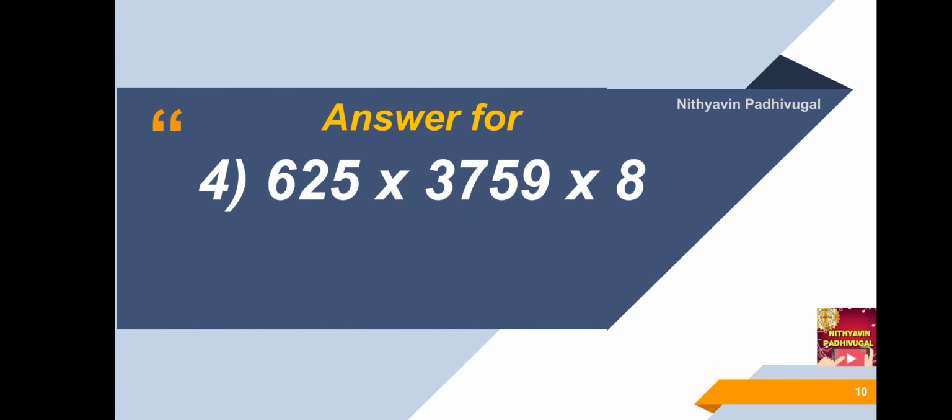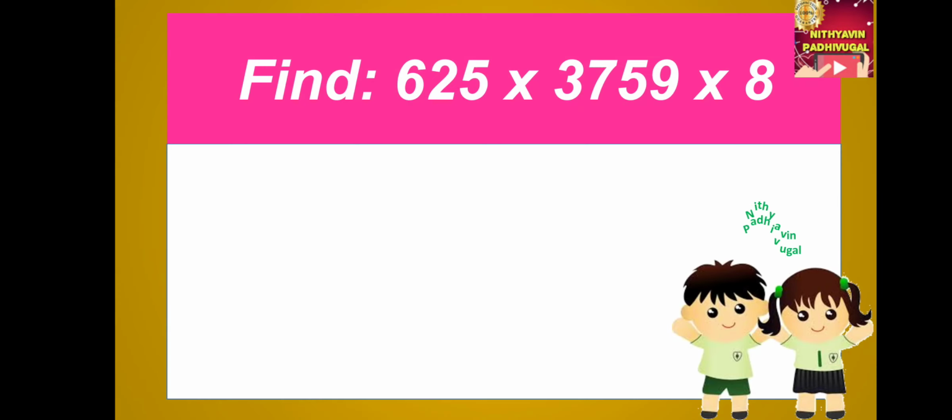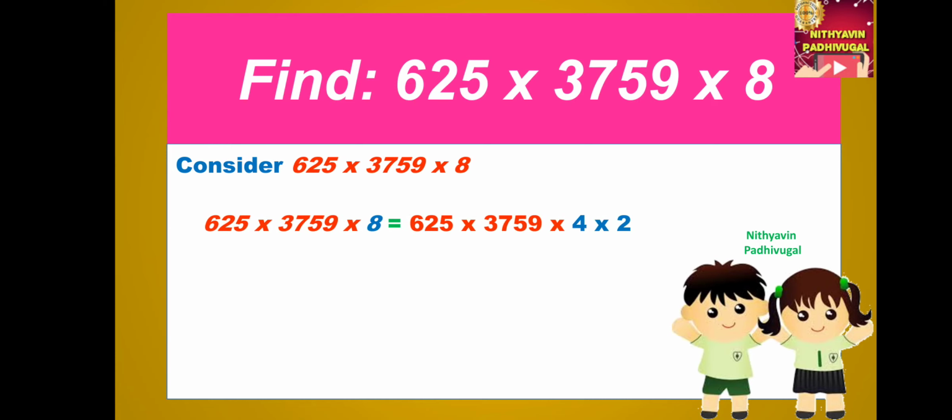So interchange the numbers. 625 multiplied by 3,759 multiplied by 8 is written as, see, all the numbers are written as they are, and then 8 is split into product of two numbers, 4 into 2.